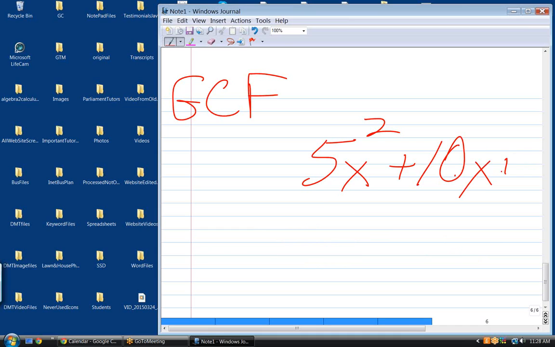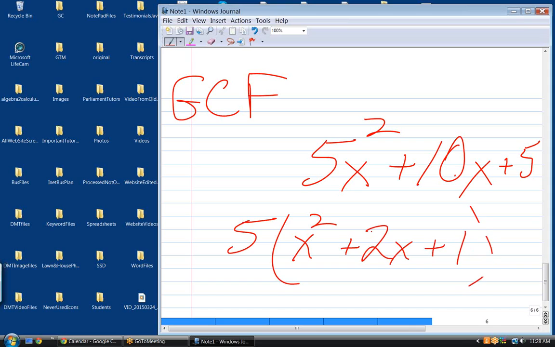If I do one other thing, now what's the greatest common factor? Now it's just 5? Now it's just 5, exactly. Because I can't divide this last term by x. So now it's 5 times x squared plus 2x plus 1.